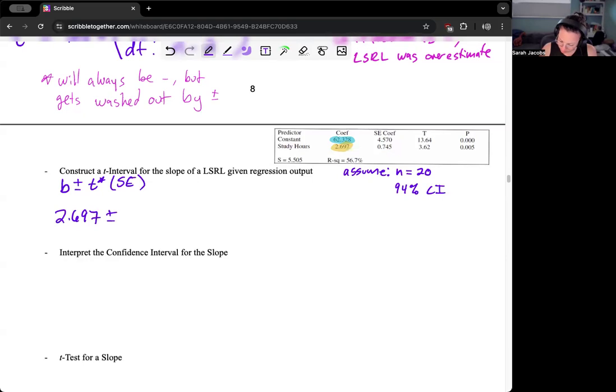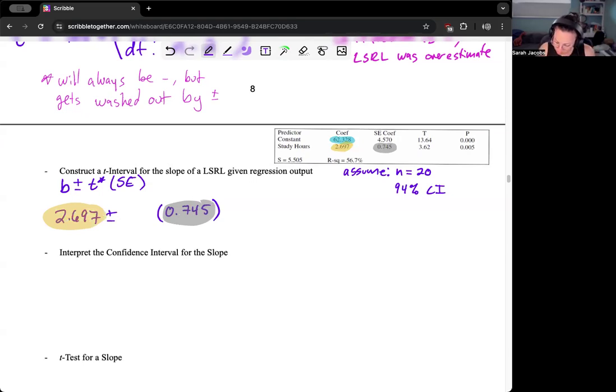What color haven't I used yet? I'll use gray. The standard error is this 0.745. It's the standard error for the slope. What we don't have yet is the t star, so I'm going to calculate that in a second, but I'll pop my standard error in because it's already given to me. So that's my standard error, and this was my slope from before.